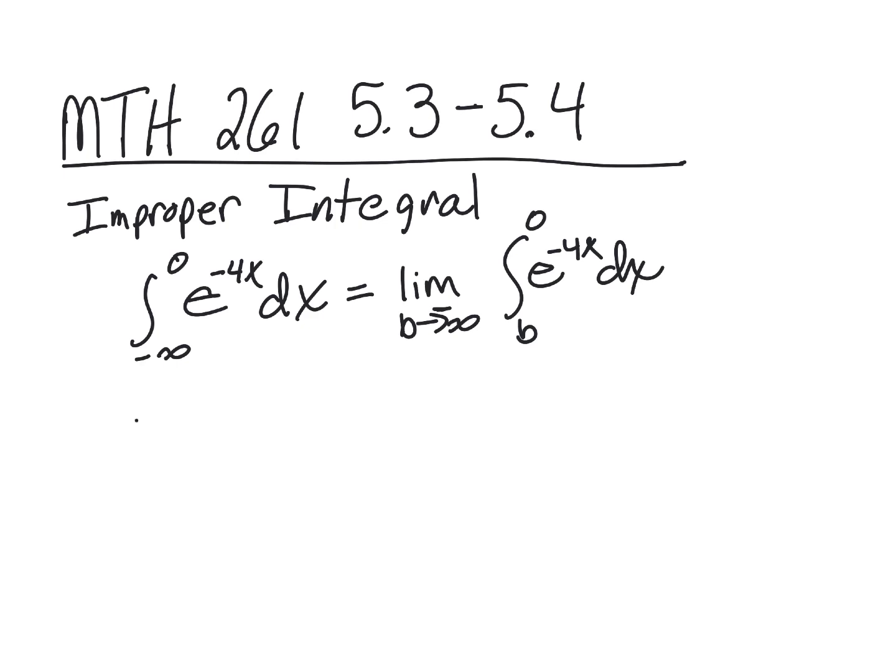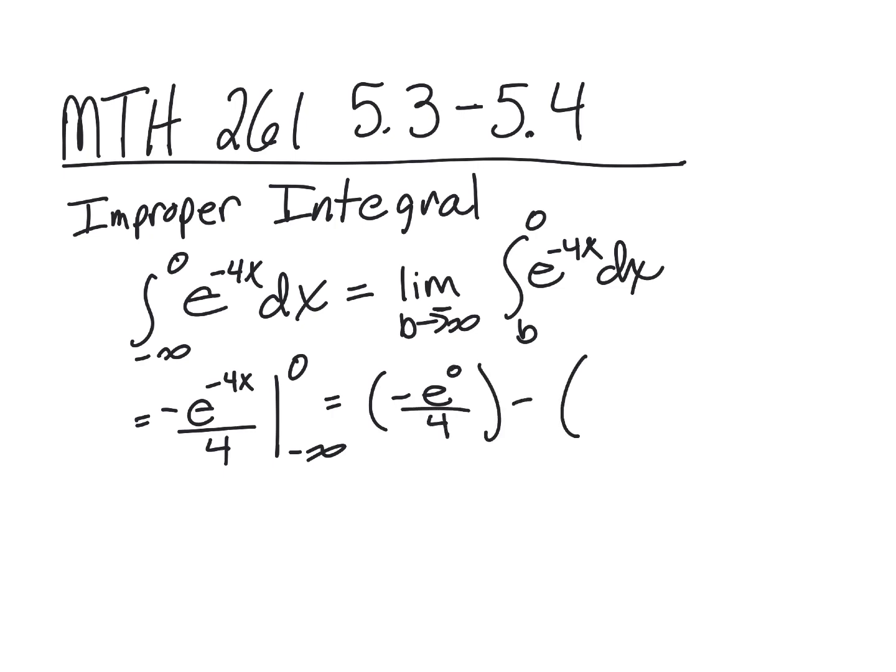So when I integrate e to the minus 4x, I get e to the minus 4x divided by minus 4. And I'm going to evaluate that from minus infinity to 0. So I plug in the top number first, minus the bottom number, and that power is going to be minus a negative infinity.